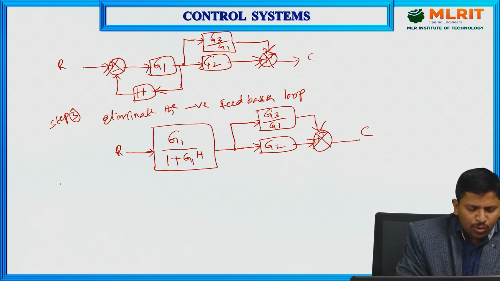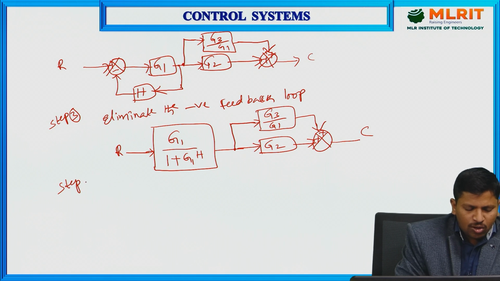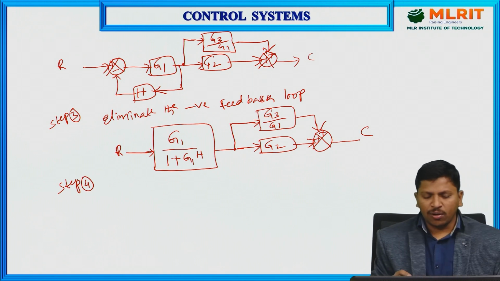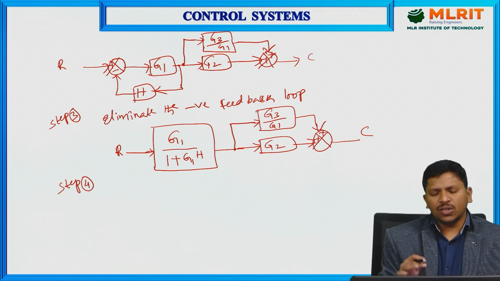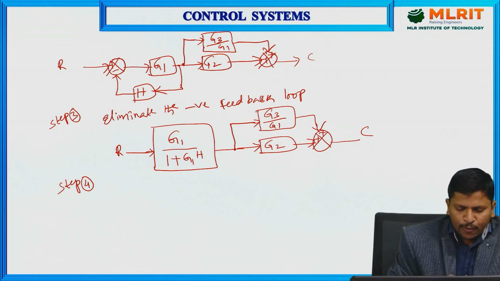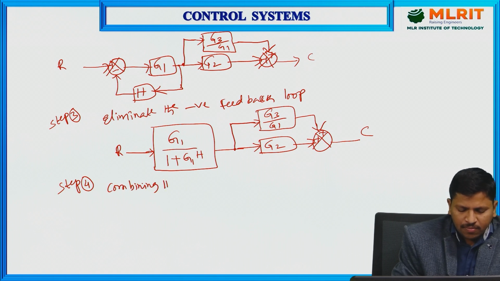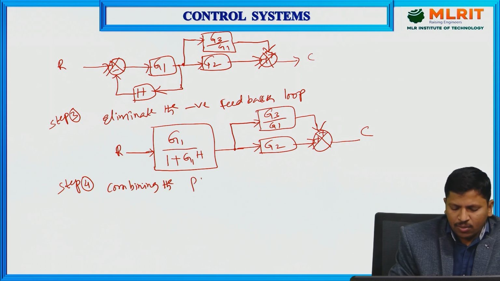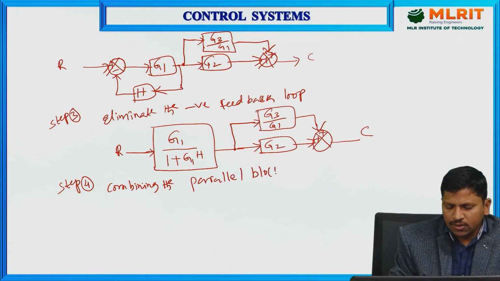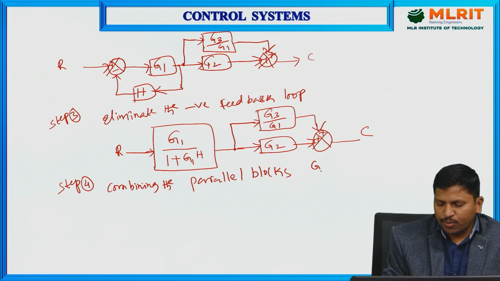We have one more rule: if two blocks are in parallel form, we combine the two blocks into a single block. Using the rule of combining parallel blocks, the parallel blocks are G3 divided by G1 and G2.